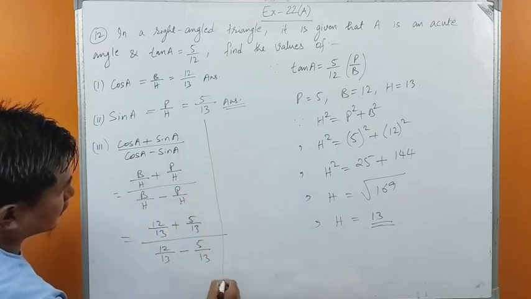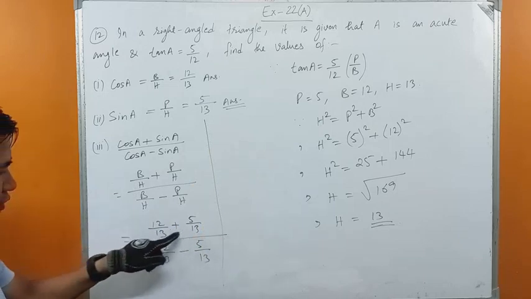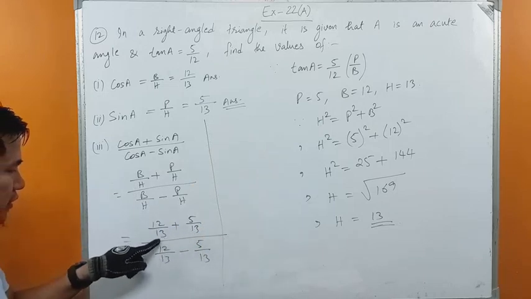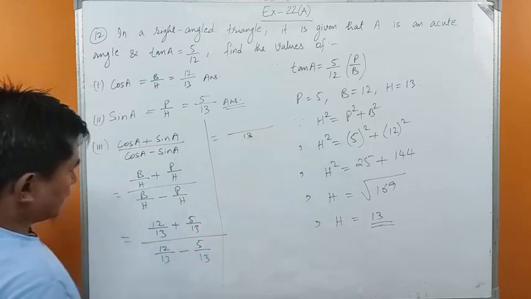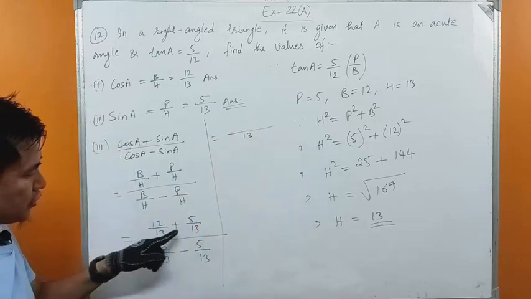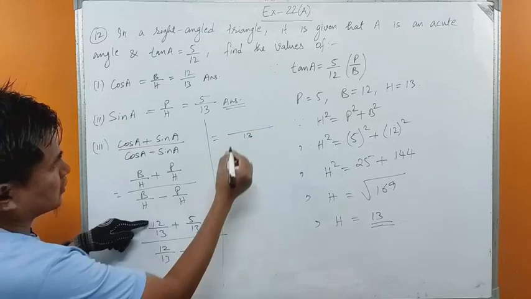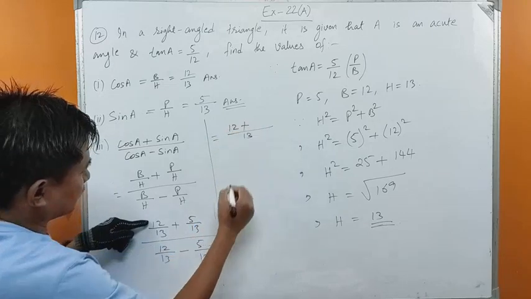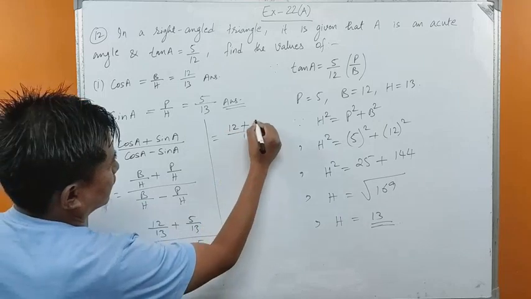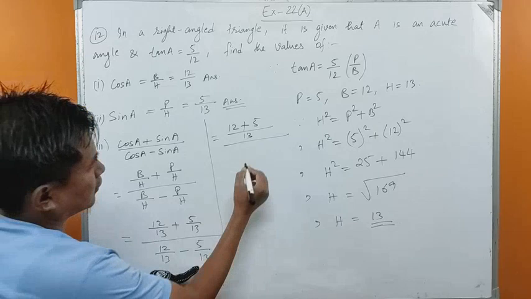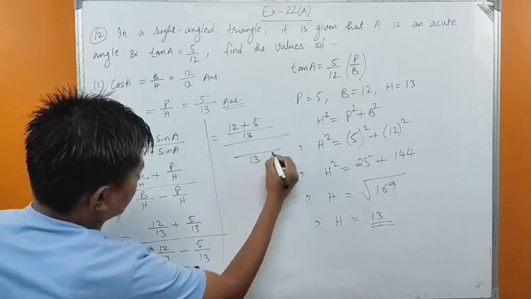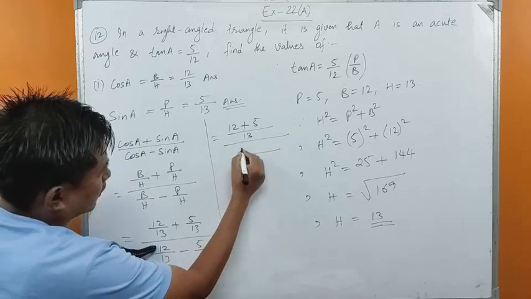Now let me continue here. The denominators are the same, 13 and 13, so the LCM will be 13. If the denominators are equal, we just write the numerators as they are. So in the numerator we have 12 plus 5, and in the denominator 12 minus 5.